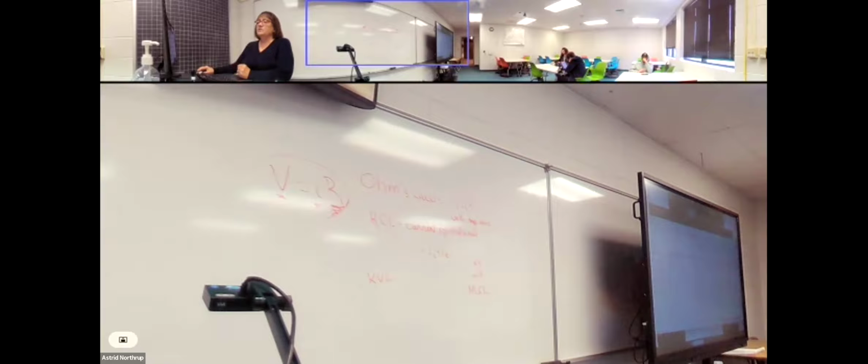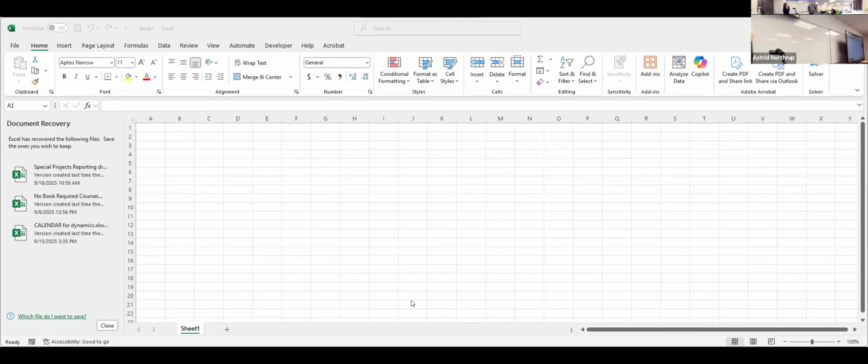People's ability or experience with Excel is kind of all over the place. Some people have never opened it up, and some people have used it extensively for different things in their lives. So the way that Excel works, and I'm just going to show you some really basic functions, is that the columns, which means going up and down, just like a column supporting a roof line, are labeled with letters.